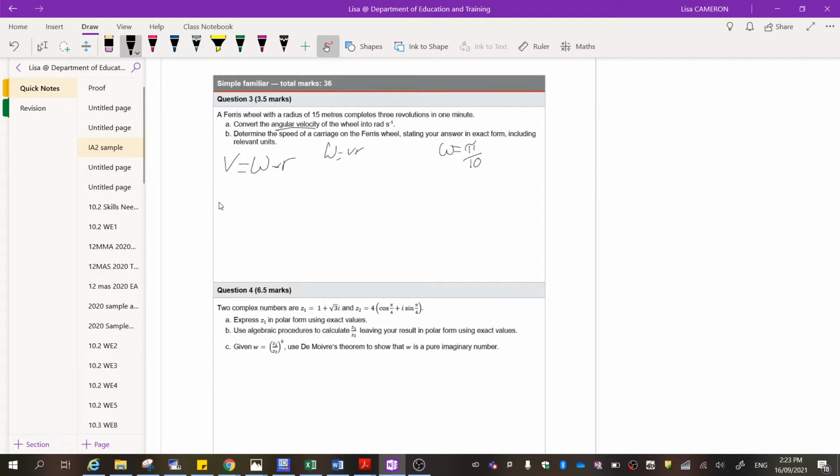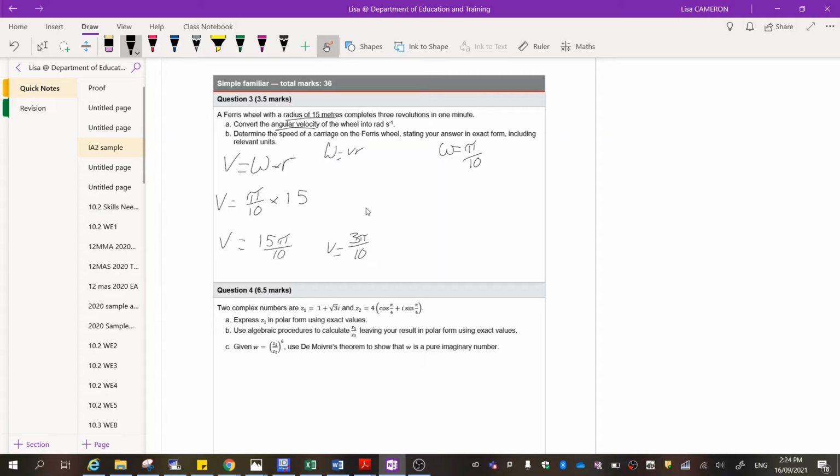So velocity is equal to W, which is pi on 10, times by the radius, which it says up here, radius of 15 meters. So times that by 15, which will come down to be 15 pi on 10. And you simplify that out to become velocity is equal to 3 pi on 2.